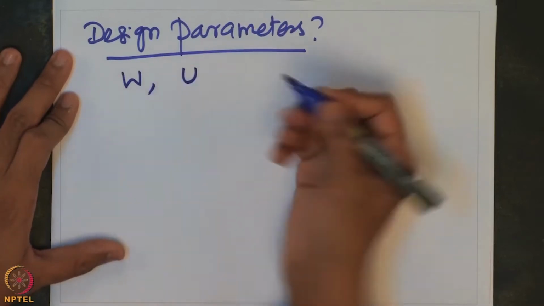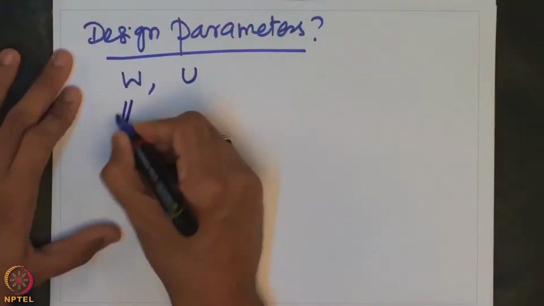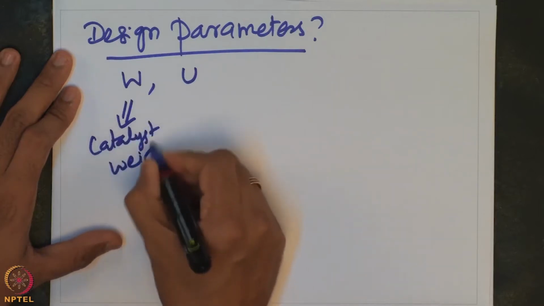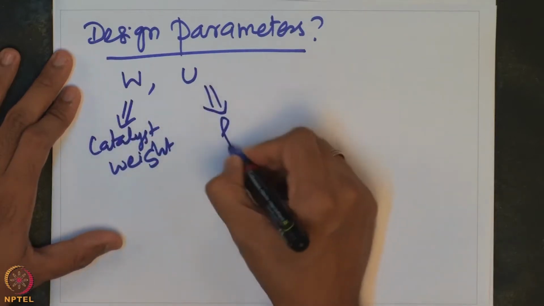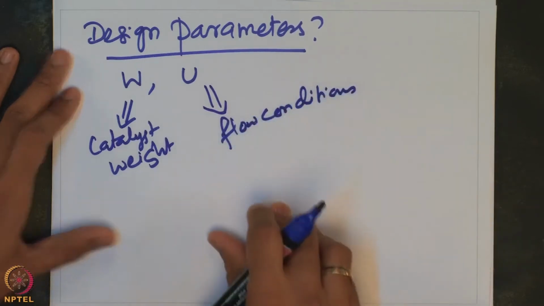And of course, the operating condition, which is basically the rate at which the fluid has to be flown, and so on and so forth. So, essentially the catalyst weight and the flow conditions. These two are important parameters.